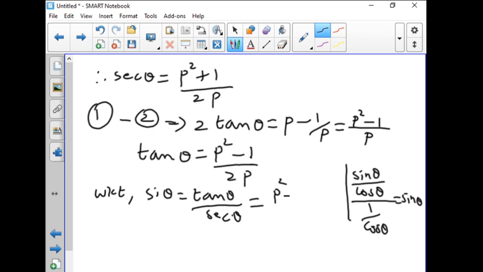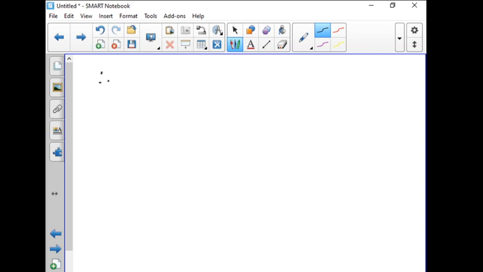It is (P square minus 1) by 2P, and secant theta is (P square plus 1) by 2P. So 2P gets cancelled. Therefore, we get sin theta is equal to (P square minus 1) by (P square plus 1).